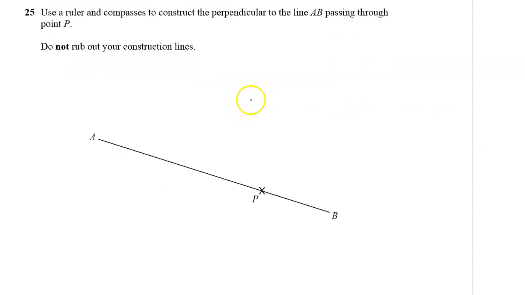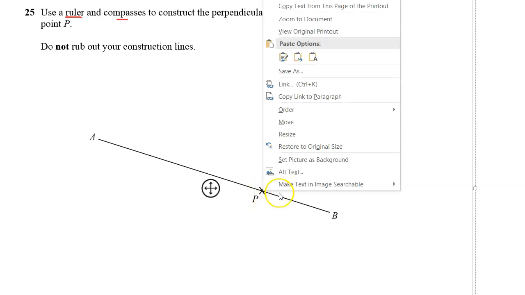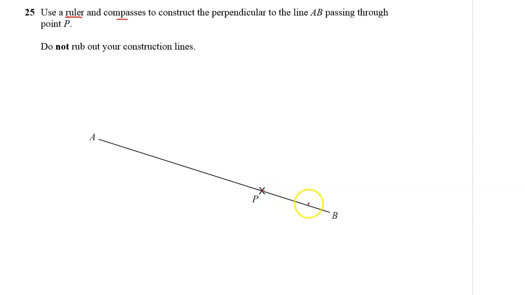Lastly, question number 25. Use a ruler and a compass to construct the perpendicular to the line AB passing through point P. Of course, to do that, you do not rub out your construction lines. Start using your compass. Stand at point P, use your compass, make a mark there and a mark there, equivalent marks.